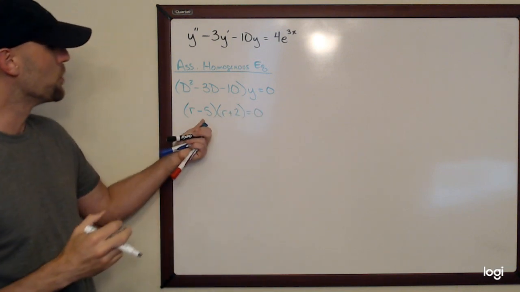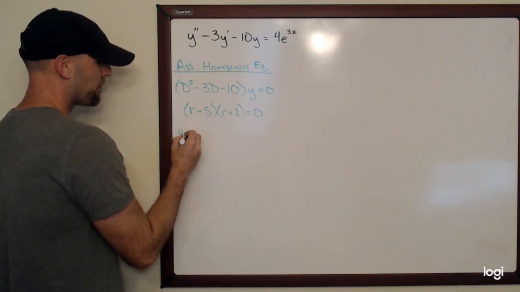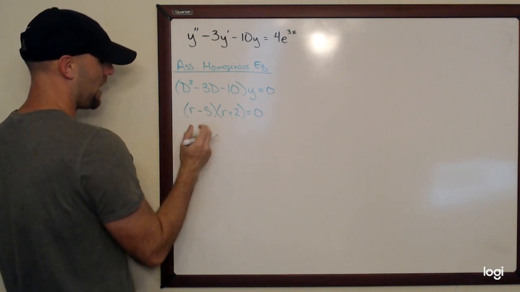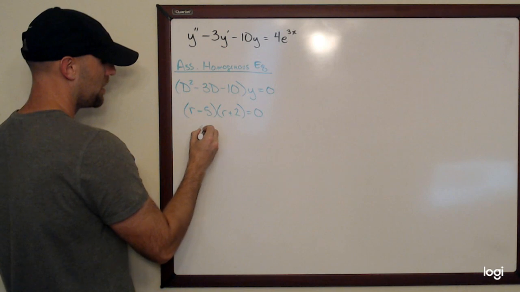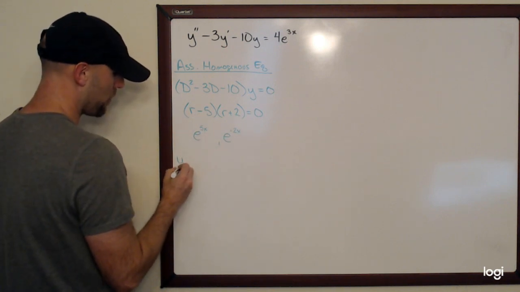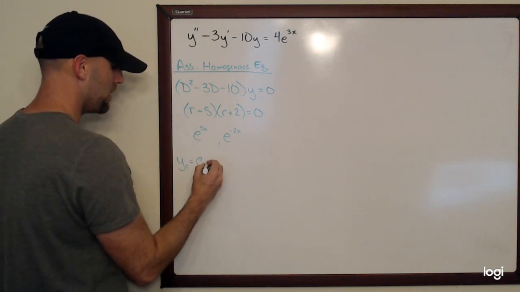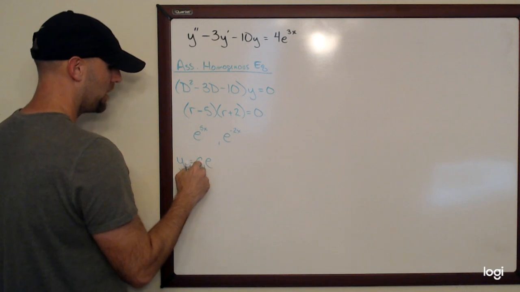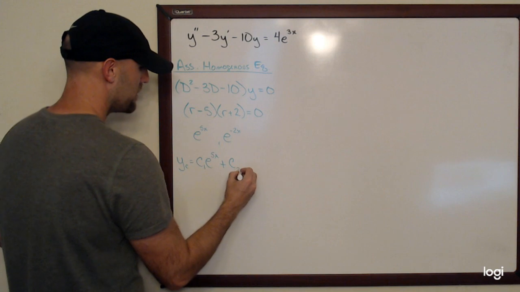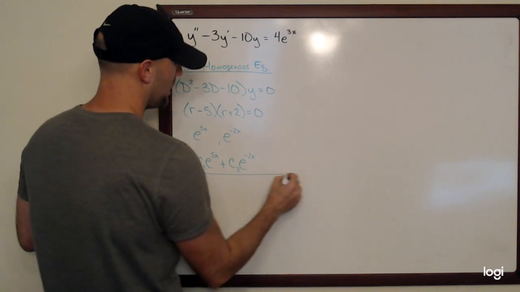Now this has two roots, of course, 5 and negative 2. This gives me my two trial solutions, e to the 5x and e to the negative 2x, which in turn allows me to say that my complementary function here is c1 e to the 5x plus c2 e to the negative 2x. Okay, so that part's done.